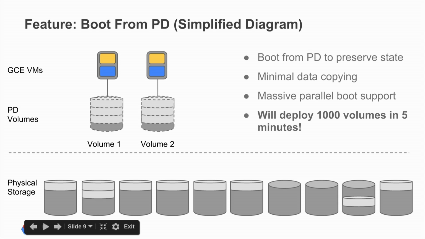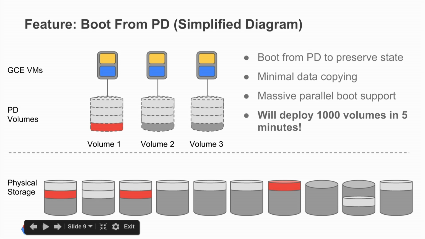When you saw Urs's talk this morning and Greg's demo, the idea that you could do 1,000 VMs in 5 minutes, we could do that, and we're looking to get even faster. And of course, even though they're reading off of shared blocks, we're not going to corrupt it. If you add a block to one or change a block on another, that's going to be a new write elsewhere in the persistent disk cloud and not going to corrupt the shared blocks.